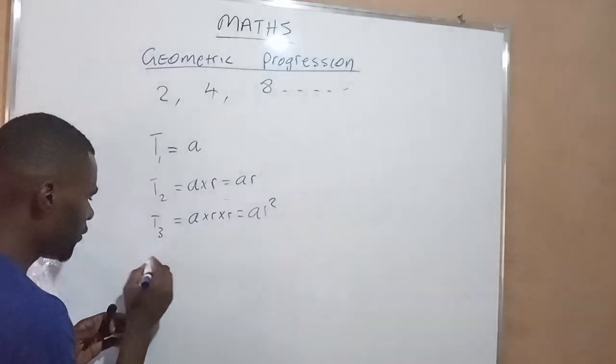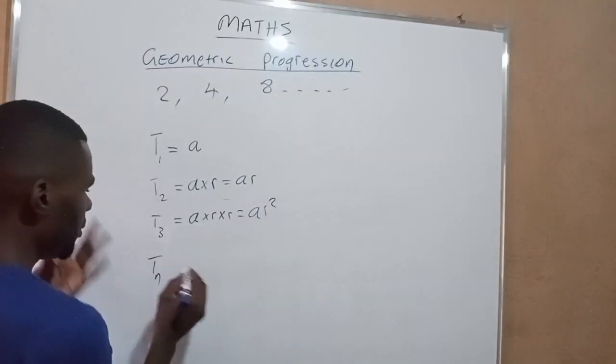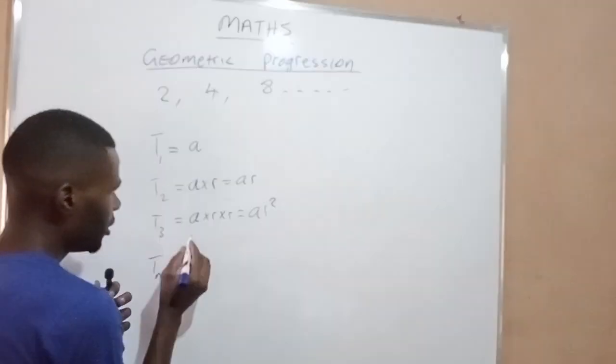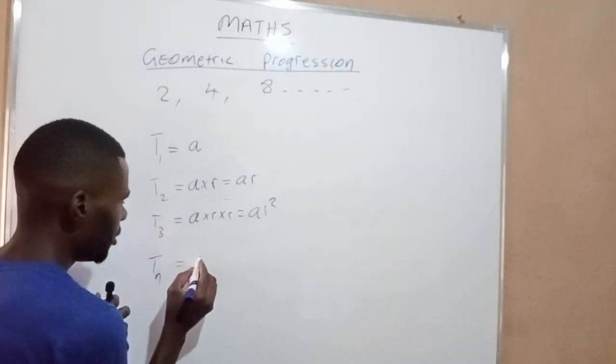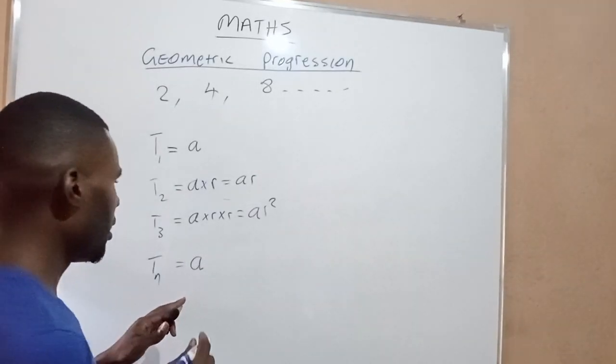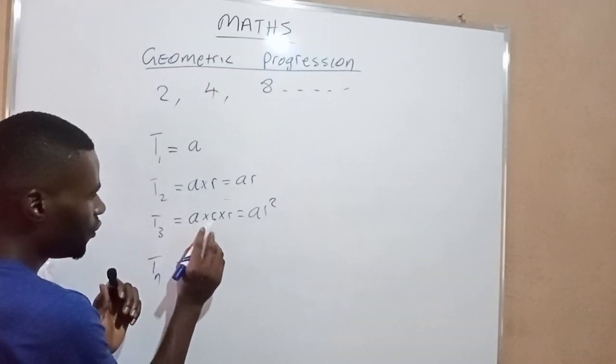What about if there is a term that you don't know, or the nth term, term number 60, term number 80? We are going to see that from these terms, A is going to be there. So if you see term number 3, the first term is A, then you have 2 R's.